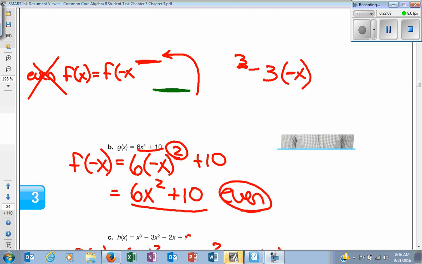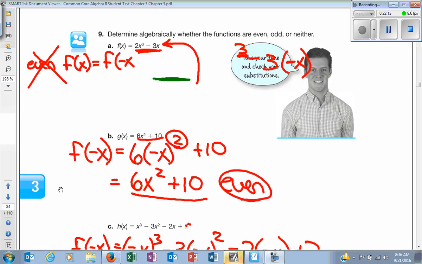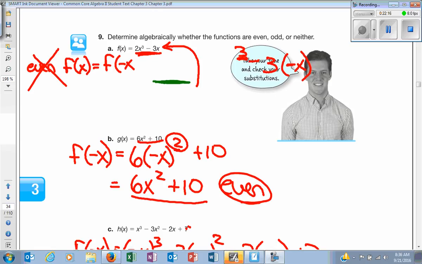Questions on this? All right, so your homework. For homework, you are going to be doing page 324 through 326 or 327.